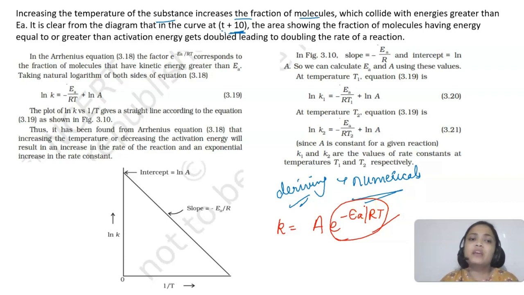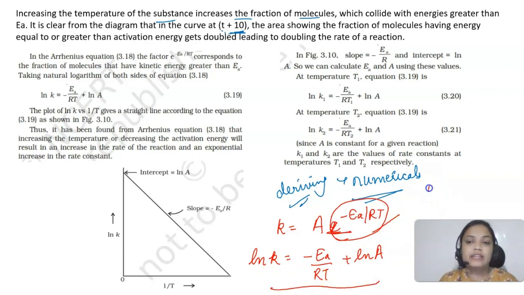If I take natural log on both sides, natural log k, and on the right side the natural log cancels the e, so you get minus Ea upon RT plus natural log A. Now compare it with the straight line equation y is equal to mx plus c.